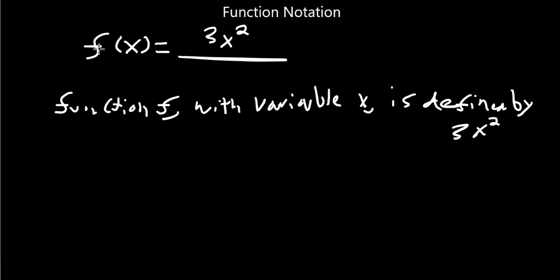So this is not f times x, it is a function called f which has a variable x with a rule called 3x squared. F is the most common letter you'll see, but you might see g of x or h of x, which would be the function g with the variable x, or the function h with the variable x.